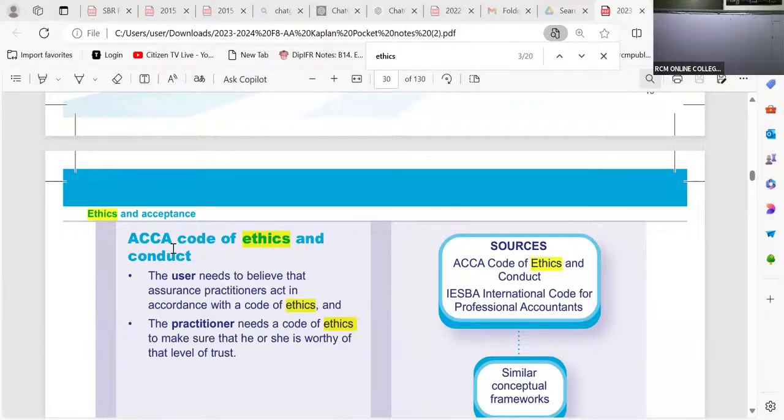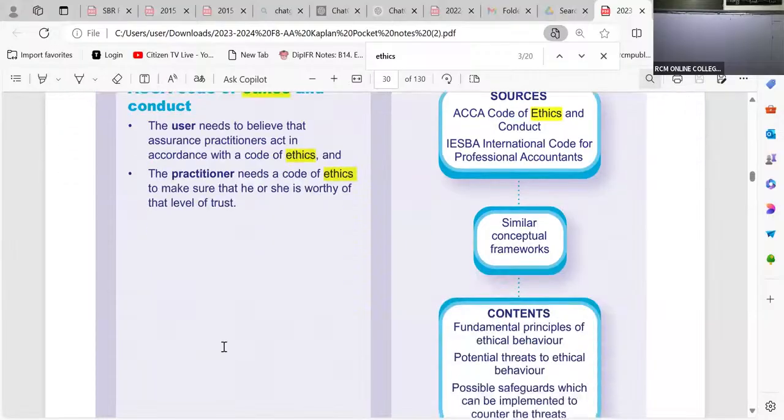ACCA Code of Ethics and Conduct is ISPAC's Code of Ethics and Conduct. So the user needs to believe that assurance practitioners act in accordance with a code of ethics. And the practitioner needs a code of ethics to make sure that he or she is worthy of that level of trust.